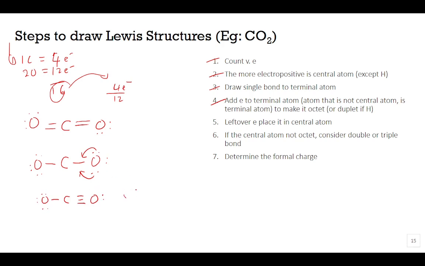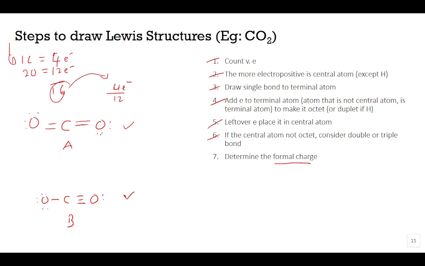In terms of drawing, both of the structures are correct. Let me label them first. Let's say this is compound A, this is compound B. So which one do you choose to be more correct? Is it A because it is symmetrical? Actually, the one thing that we use to determine whether A or B is more possible is the formal charge.